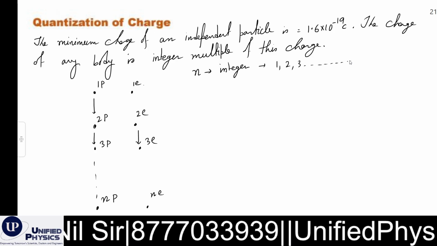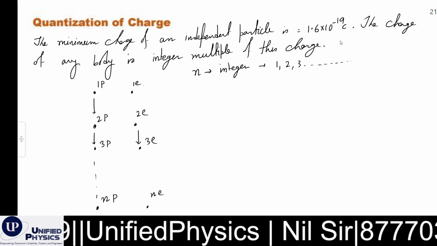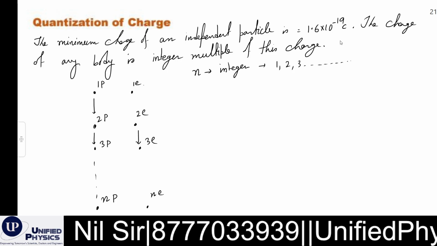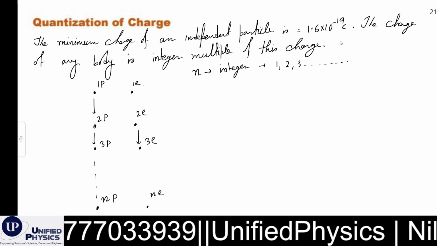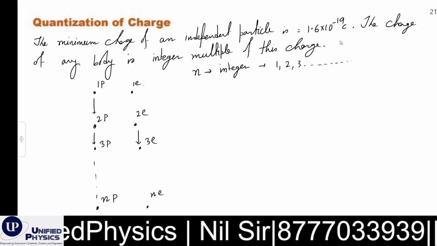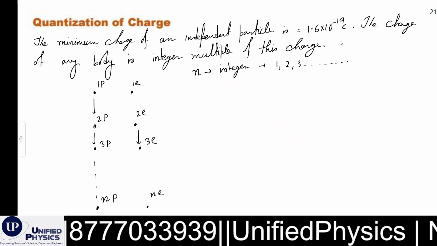So this discretization of charge is called quantization of charge. So that means charge is discrete in that sense. So this discrete nature of charge is quantization of charge. So that means when something is like a packet, this thing is called quantized.